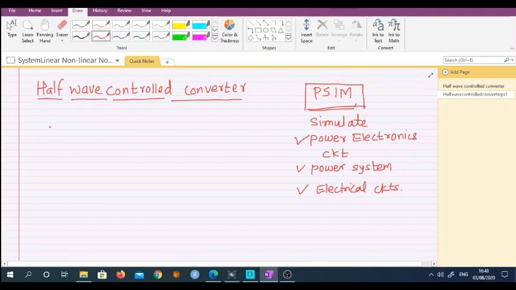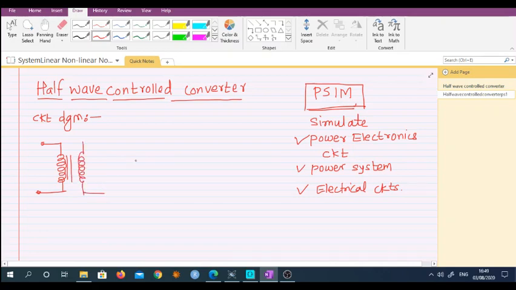So first of all, what is meant by half wave controlled converter? The circuit diagram is something like this. It has one transformer. This is the primary of the transformer. Then there is a secondary side.